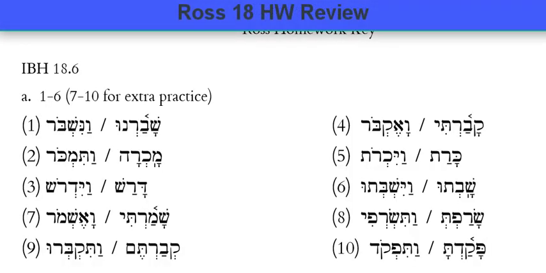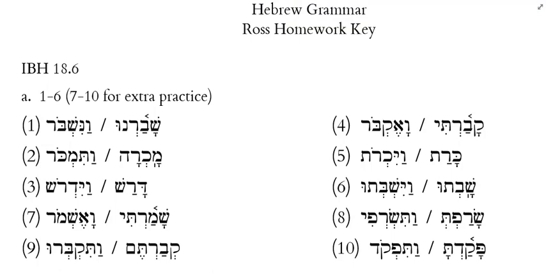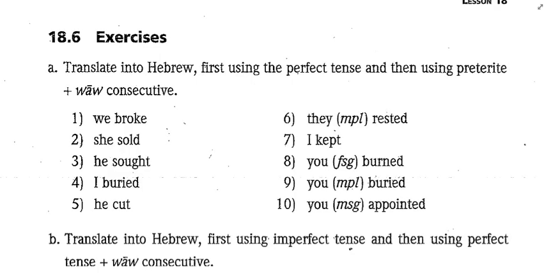Okay, let's do a little bit of review of the homework from chapter 18. So if you have any questions on the section A homework for Ross textbook chapter 18, let's throw those out. Just as a reminder, what Ross is asking you to do here in section A is to take these English verbs and translate them into Hebrew using two possible forms.